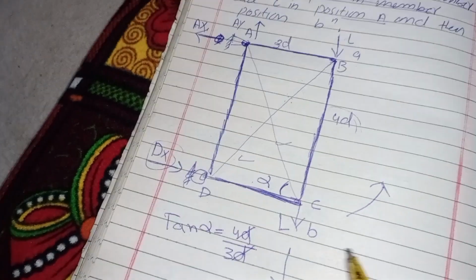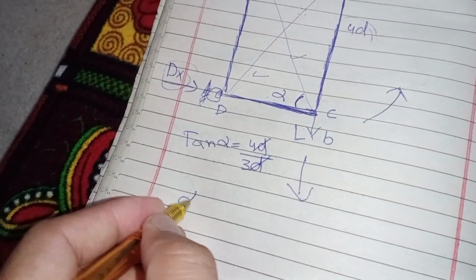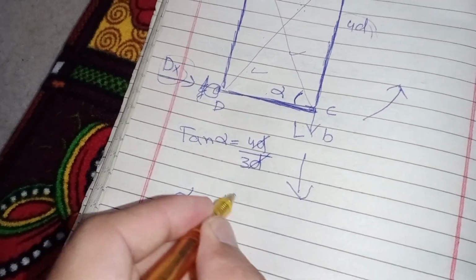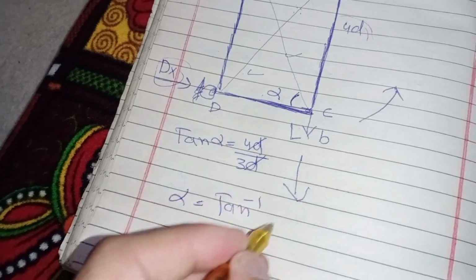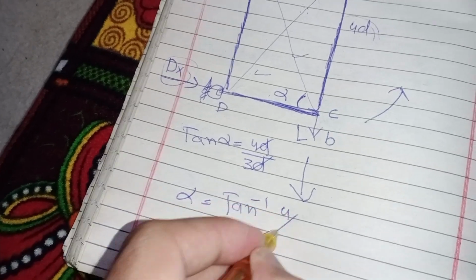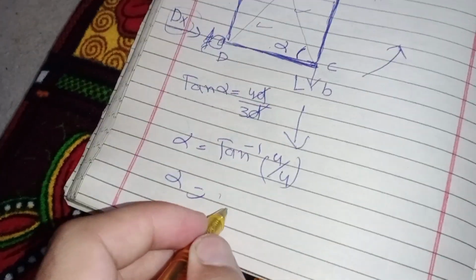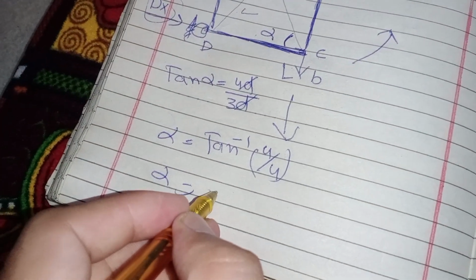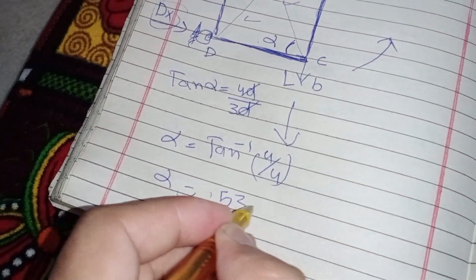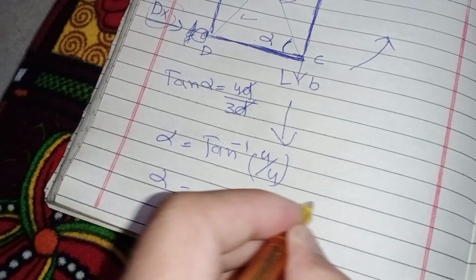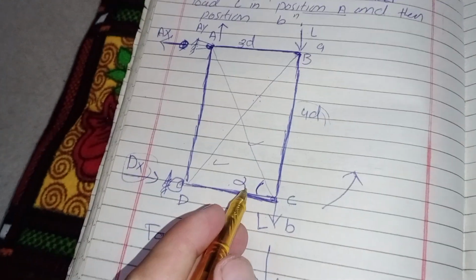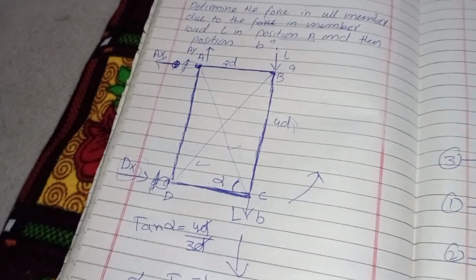D is cancelled with D, so alpha will equal tangent inverse of 4 divided by 3. If you calculate this, alpha will equal 53.13 degrees.